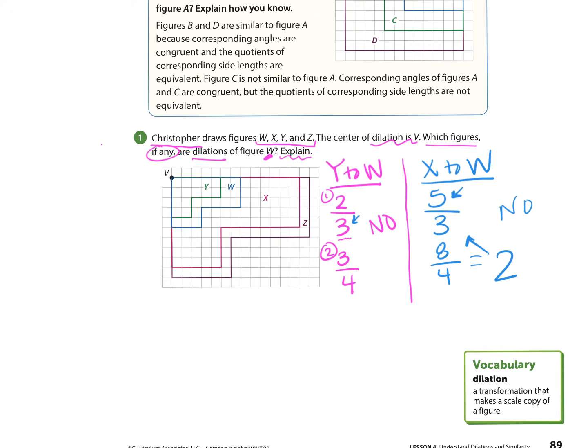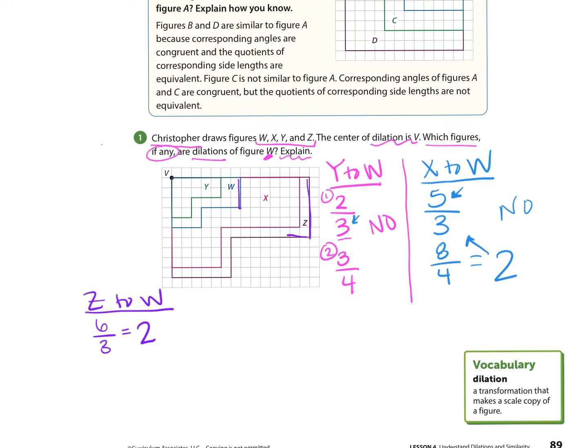So for figure Z, we're going to do Z to W. Same side, starting here. We have 6 to 3. 6 divided by 3 is 2. All of these sides are going to have to reduce to 2 for them to be proportional.